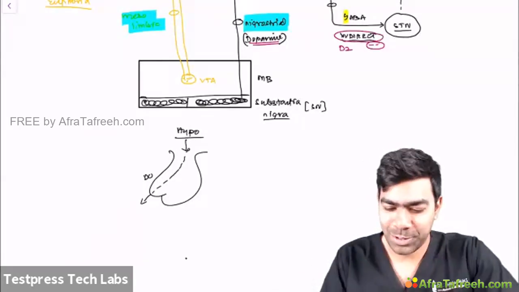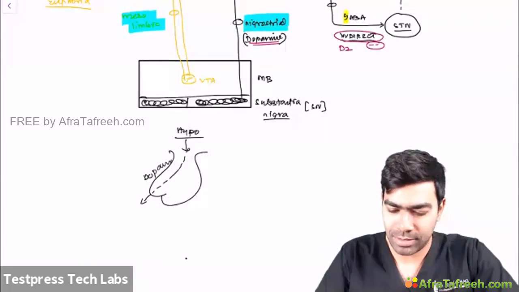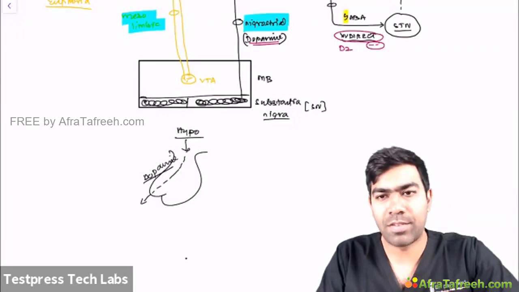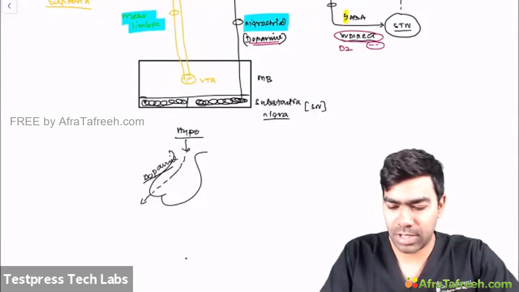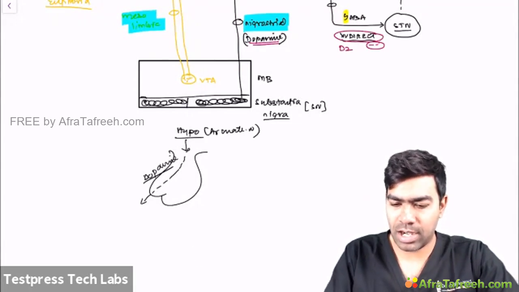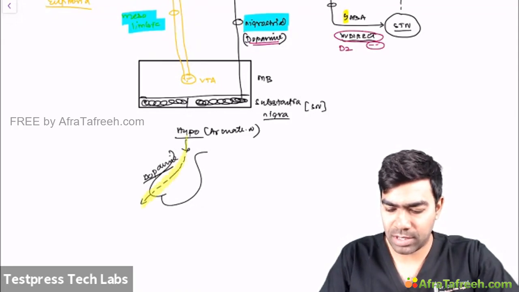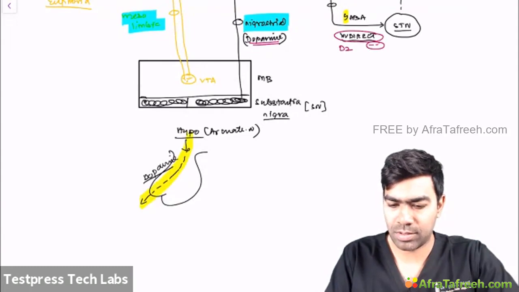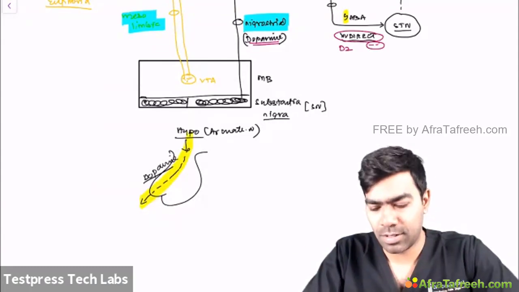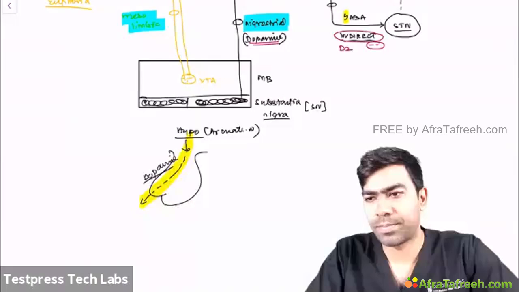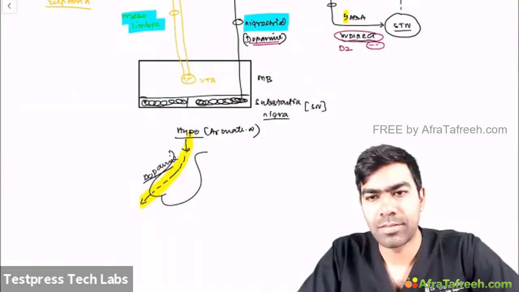Okay, so we have dopamine here, coming from the hypothalamus, especially from the arcuate nucleus. There's an area in the hypothalamus called the arcuate nucleus. Can anyone name this pathway that is controlling the lactotrophs? Anyone knows this pathway? Yes, correct.